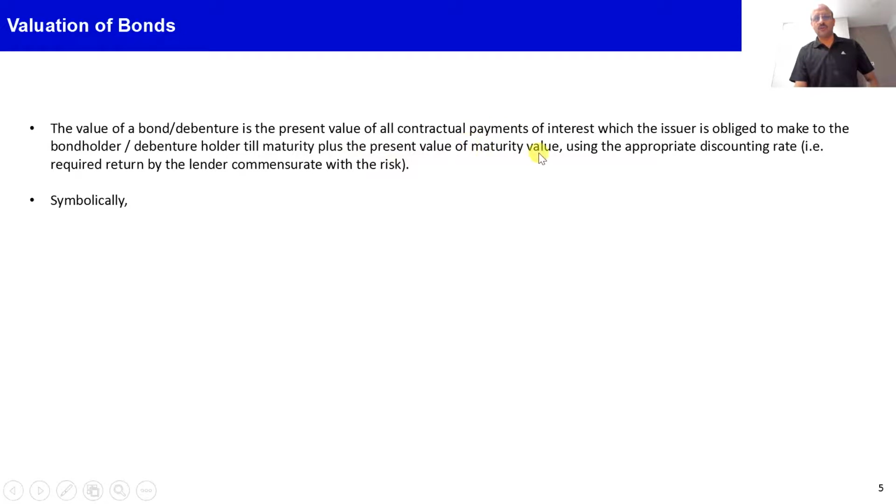That's called the maturity value. When we calculate the present value of that maturity amount and add the present value of the interest amount, we get the total value of the bond.